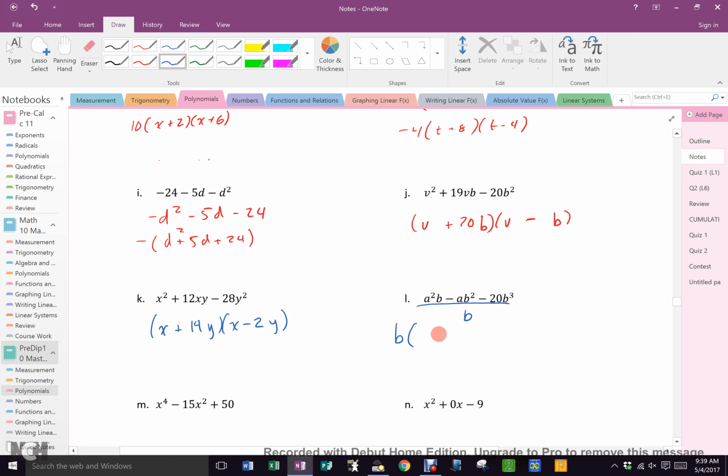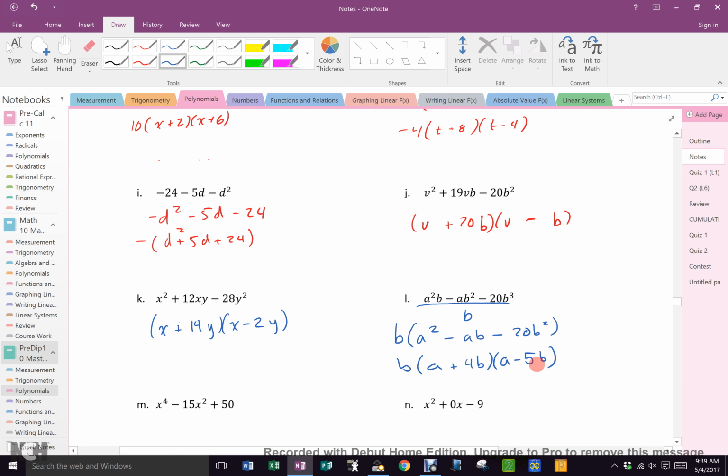B, and what do I leave in there? A squared minus AB minus 20B squared. And then I just work it out. That's negative, so it's got to be plus 4B and A minus 5B.